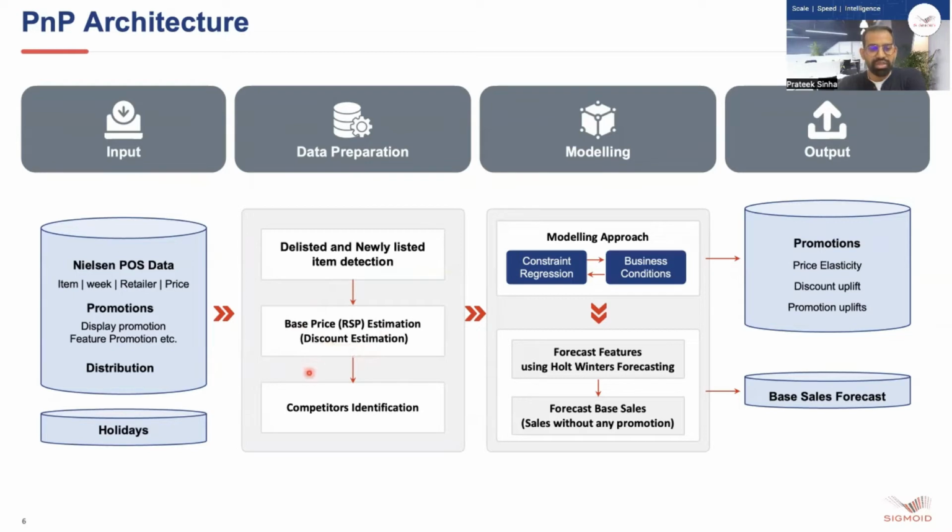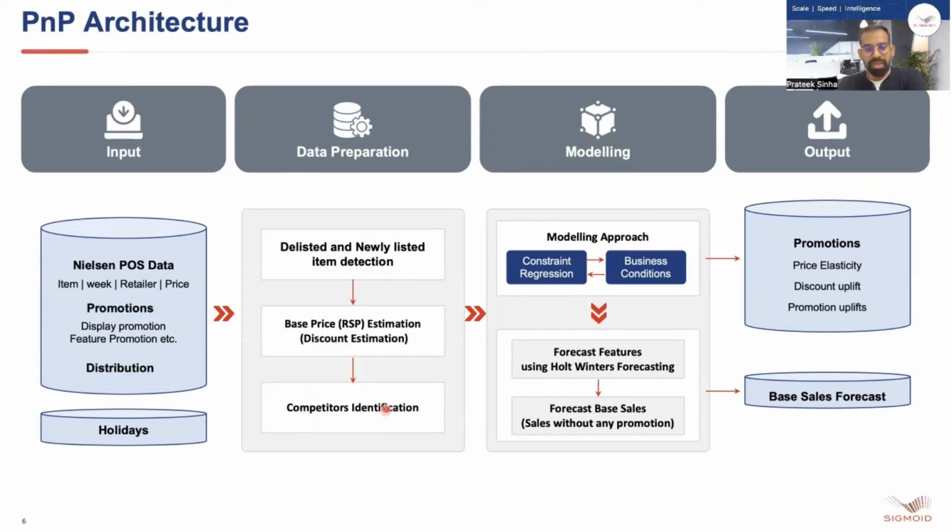The next step is to identify competitors. Here, by competitors, I mean the similar products to the item that we are modeling, and we call them competitors because their promotions or discounts can affect the sales of the item being modeled.